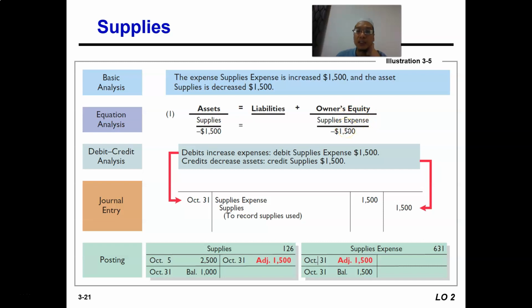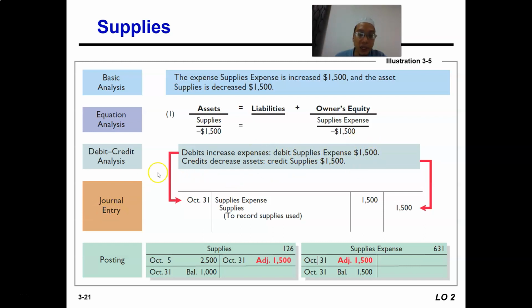Therefore, an increase in supplies expense means a reduction in owner's equity by 1,500. So then we do the debit and credit. Because we need to reduce supplies by 1,500, we credit supplies 1,500, and because we increase supplies expense, we debit our supplies expense account by 1,500.